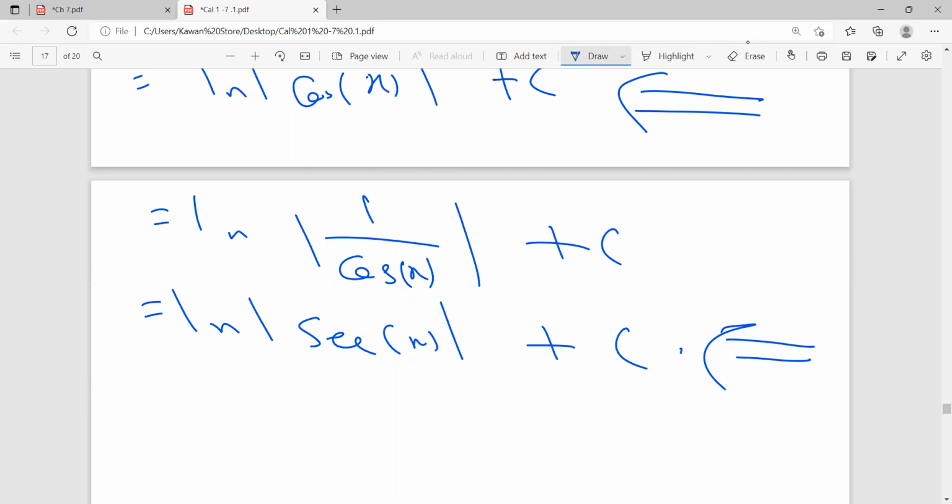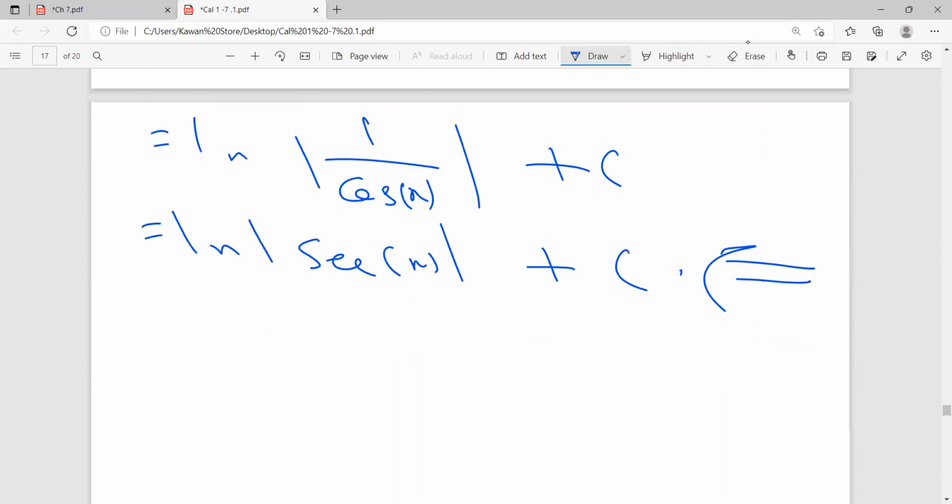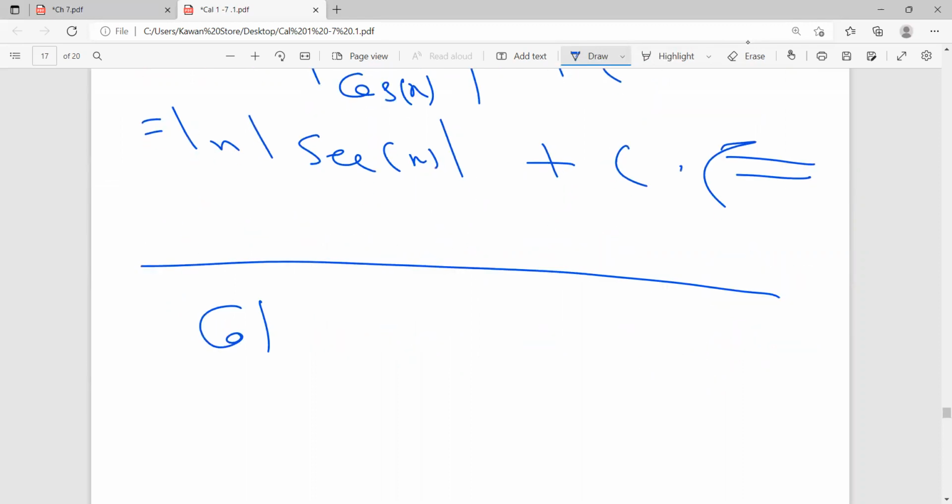Now it's your turn. Can you solve cotan for me? The same idea. We cannot solve cotan directly, because I don't have anything to write there. It's not in my list.